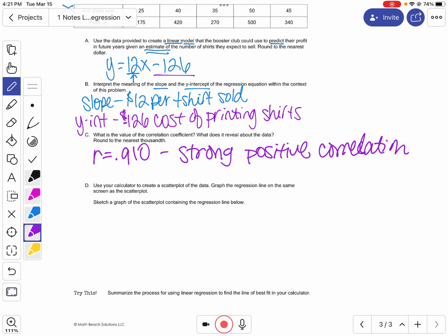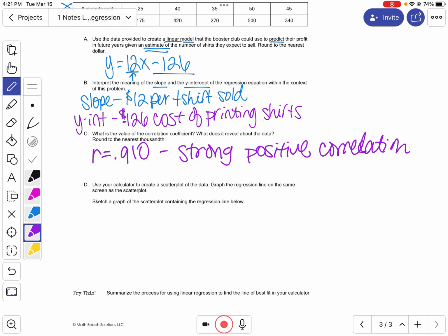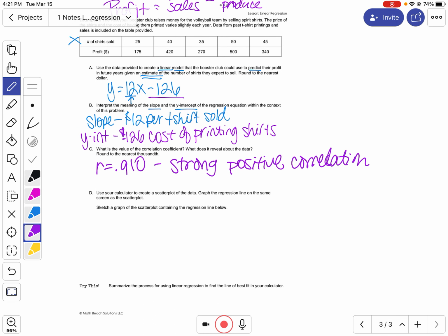It says use your calculator to create the scatter plot of the data, graph the regression line on the same line. So we're plotting those points. Now here, these numbers are pretty large. So I would say you probably want to increase maybe by 5s or 10s, however you want to do it.